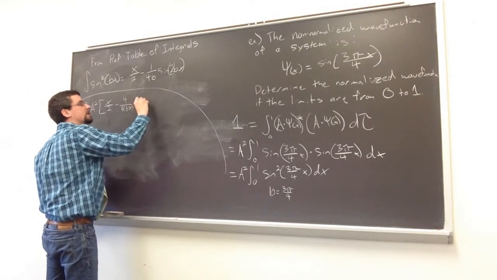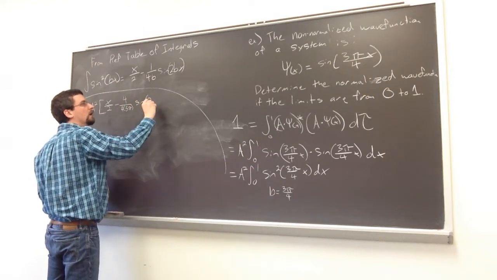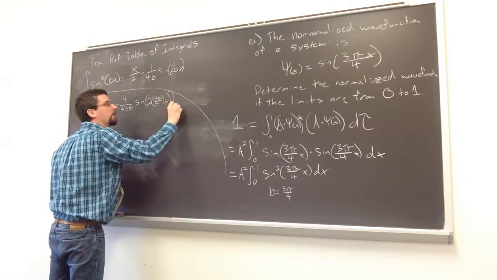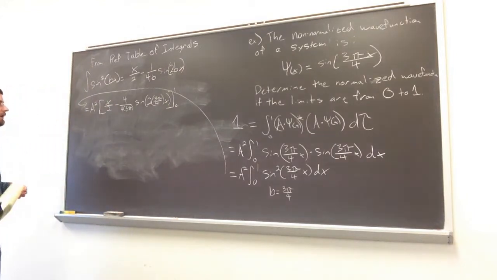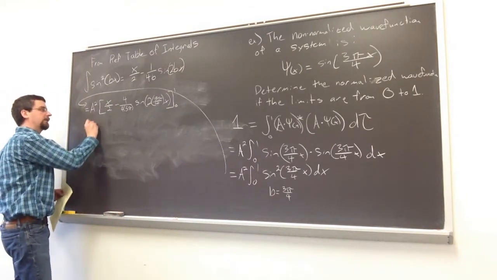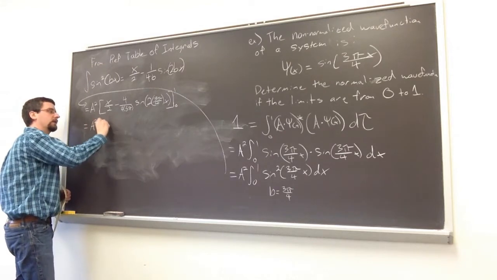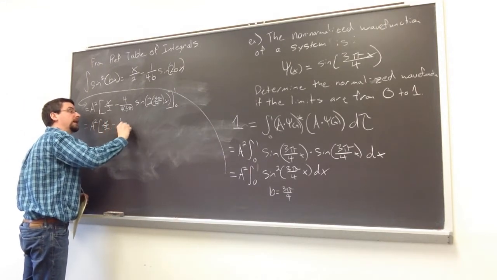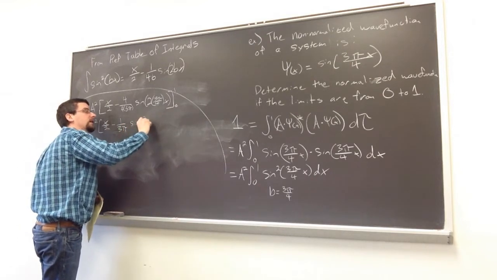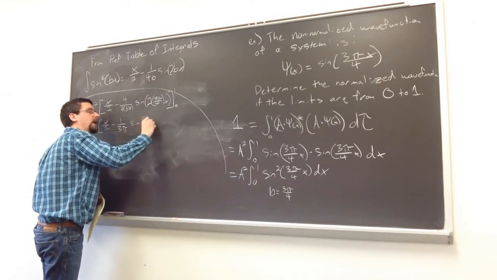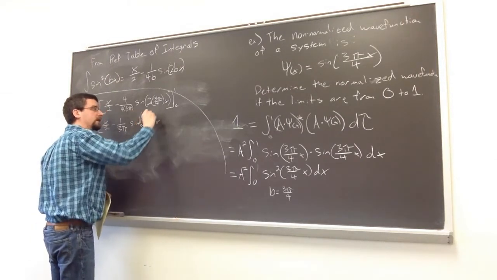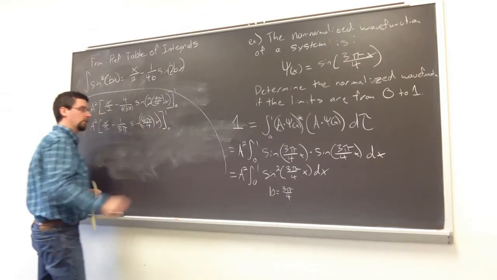Then we get sine of 2 times b again, so 3 pi over 4 x. We keep our integration limits from 0 to 1. Let's simplify this a little bit further: A squared, x over 2 minus 1 over 3 pi sine of 6 pi over 4 times x, from 0 to 1.